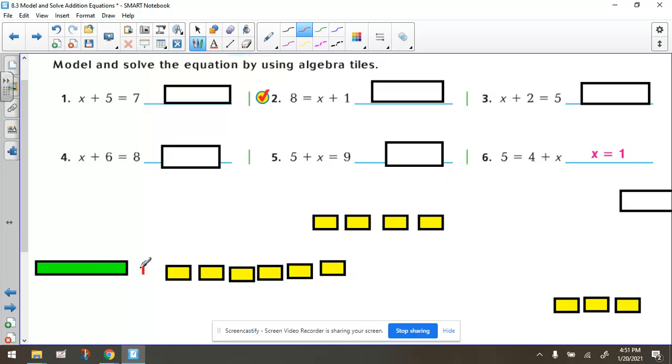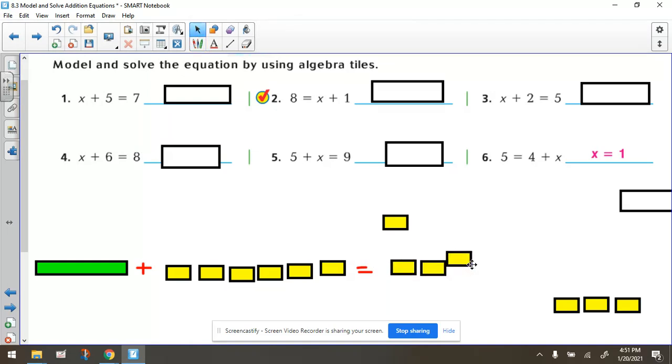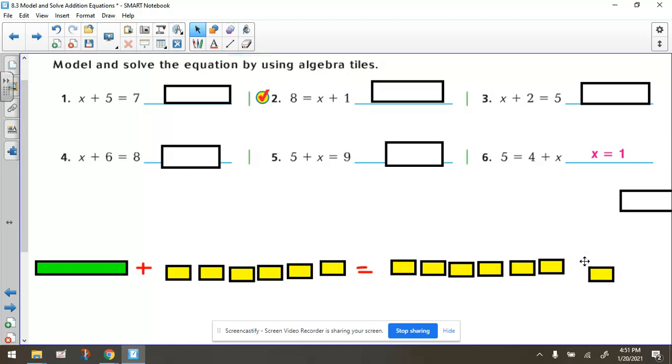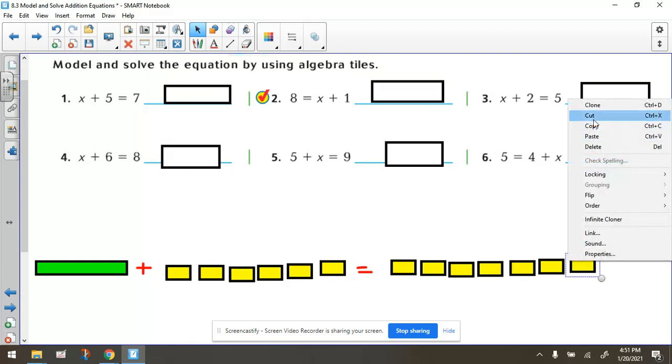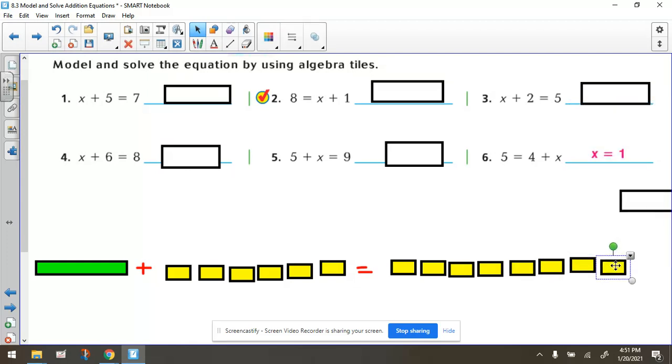So x plus 6 equals 8. That means we need 8 of these. Let's position those. 1, 2, 3, 4, 5, 6, 7, and we need one more, 8.